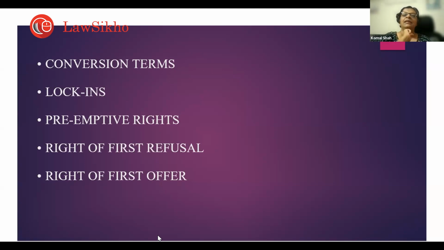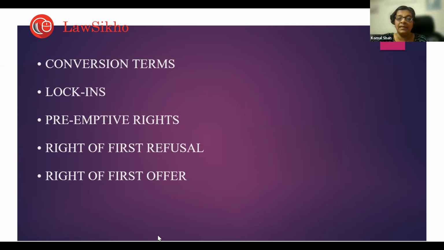But what happens in the right of first offer is that, in a first refusal, you say, look, I'm looking to sell my shares at 100 rupees. If you want to take it, then you take it. Otherwise, I'm going to offer it to another party. In a right of first offer, I am saying, I want to sell my shares. Now you come and make an offer on it. You have a right to make the first offer to me.